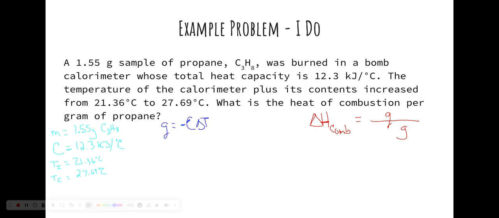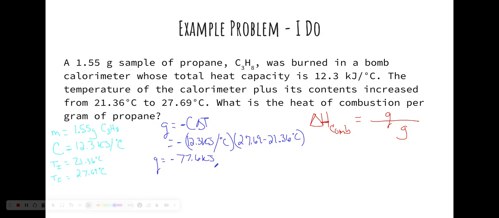So capital C is the heat capacity of the calorimeter. So we'll plug in our values. And then our heat being transferred is going to be negative 77.6 kilojoules.